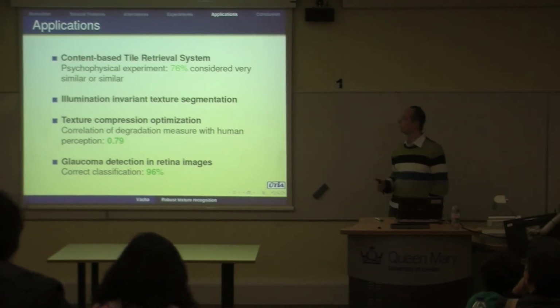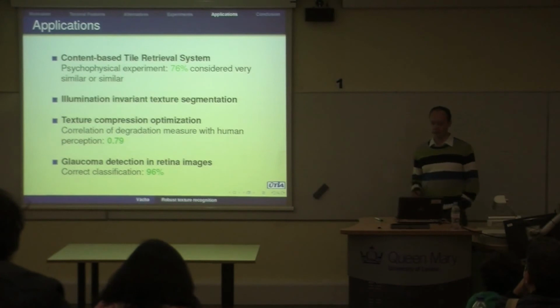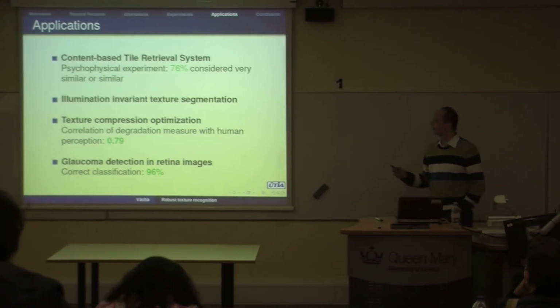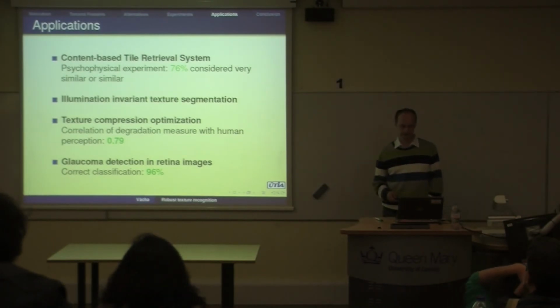We did a very simple experiment with people rating the retrieval results as similar or very similar, and ended up with 60% of people saying that the results were similar or very similar.